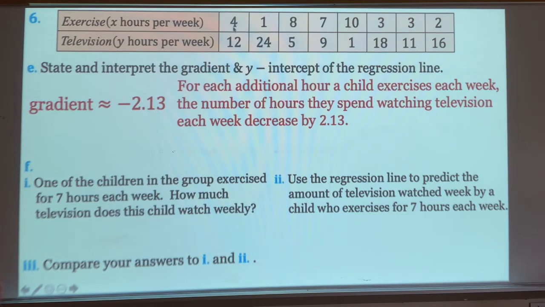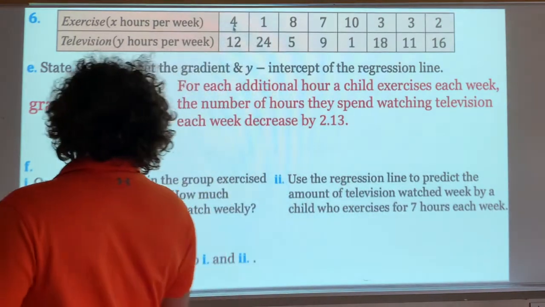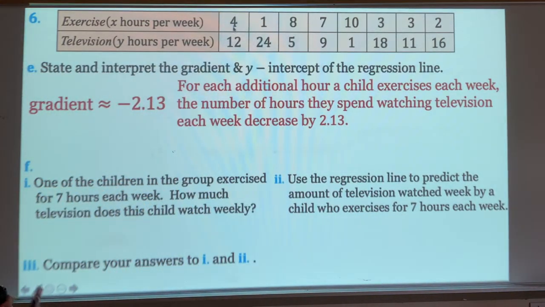And what that meant was for every additional hour a child exercises each week, they usually spend 2.13 fewer hours watching TV. So the more they exercise, the less they watch TV. That makes sense, right?